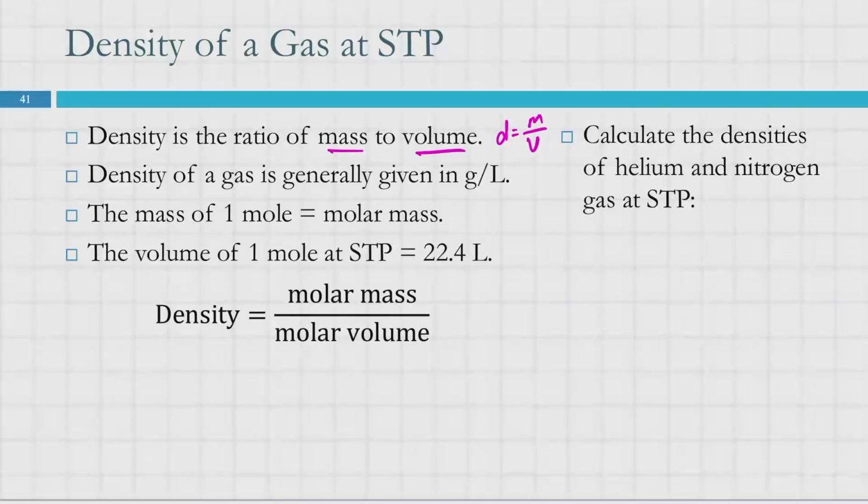And so because our molar mass is grams over moles and our molar volume is 22.4 liters per mole, we've got some fun stuff we can do.